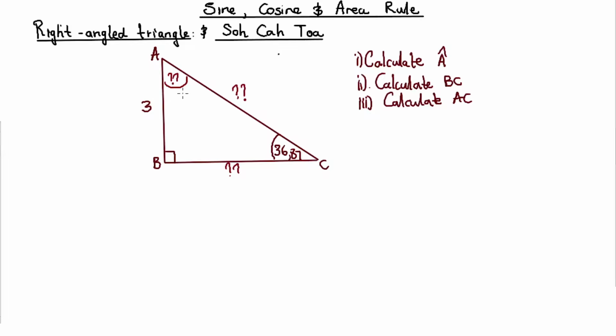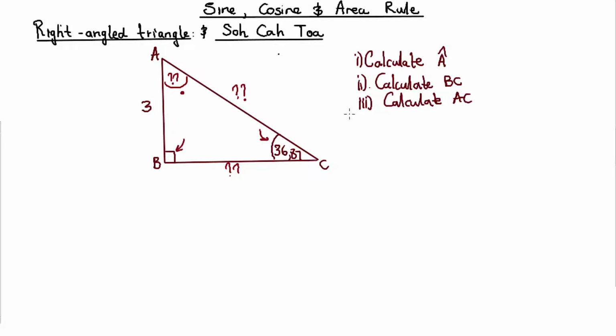Okay, so we're going to start off by calculating the angle A. I'm given a right angle triangle. I know what angle B is. I know what angle C is. Angle A is the third angle in this triangle. So how can I calculate A? By using the sum of angles in a triangle.